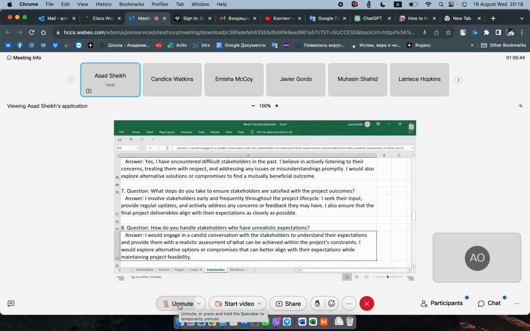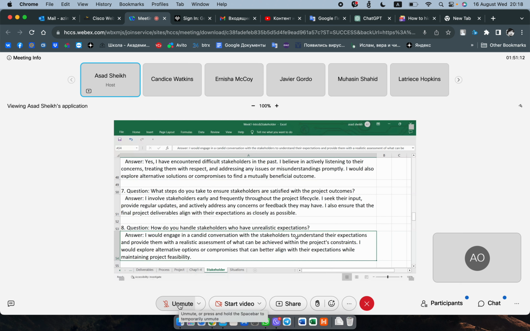I would engage in a candid conversation with the stakeholder to understand their expectations and provide them with a realistic assessment of what can be achieved within the project constraints. I would explore alternative options or compromises that can better align with their expectations while maintaining project feasibility.